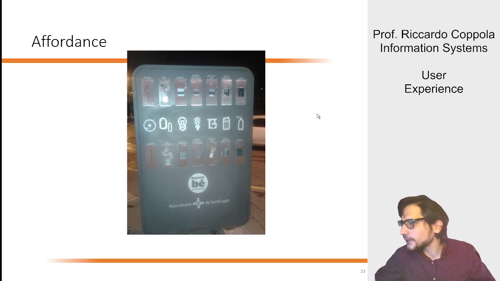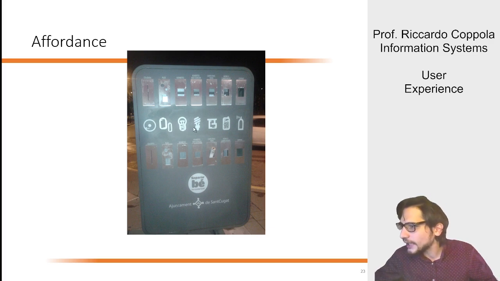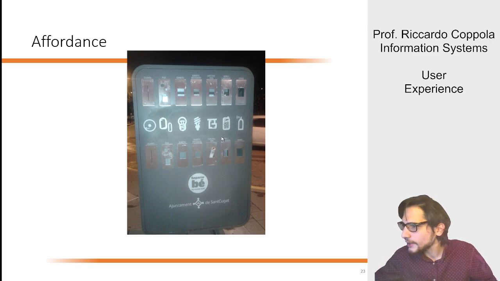You have specific holes for putting CDs, DVDs, and different types of light bulbs, actually two different holes for light bulbs. Then I have a hole for toners, for printer cartridges. Then I have another one for spray cans. And this one I don't understand what it is actually, batteries and so on.